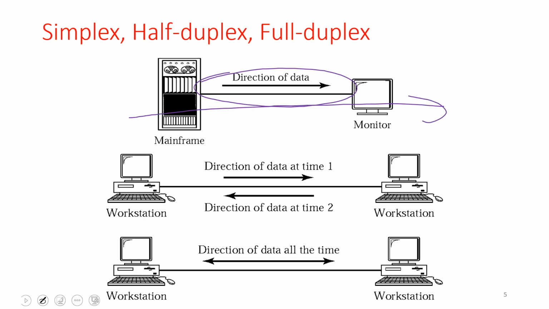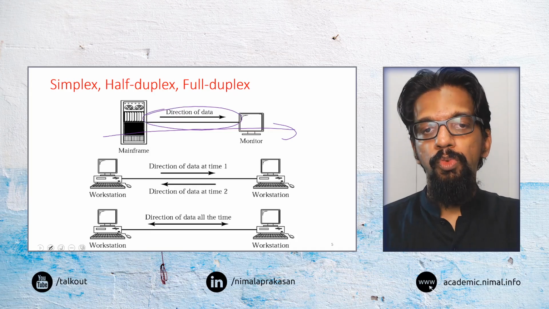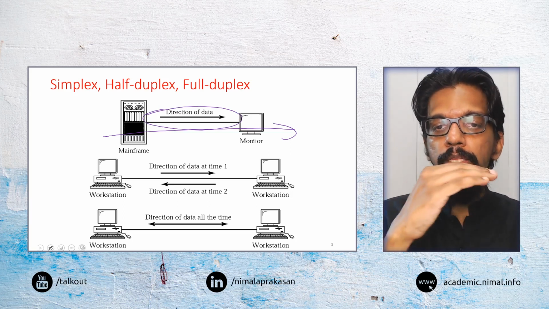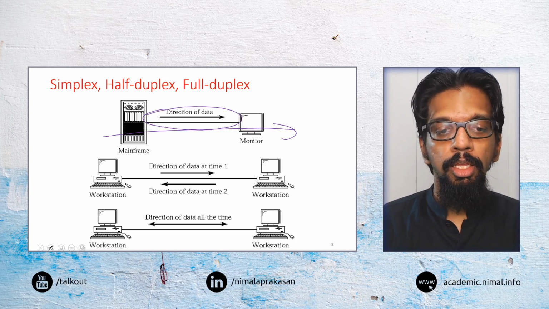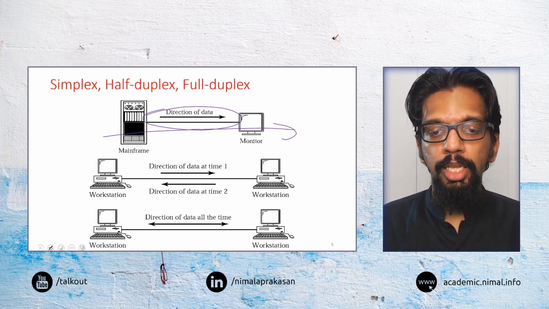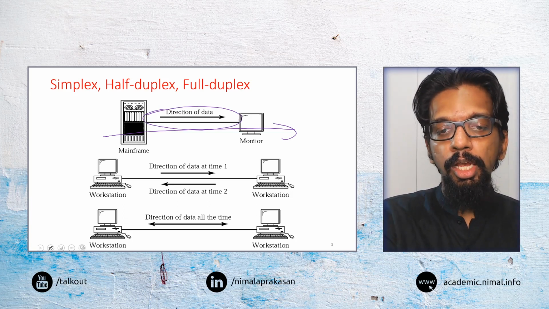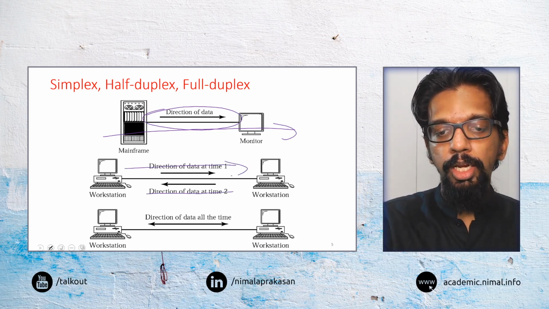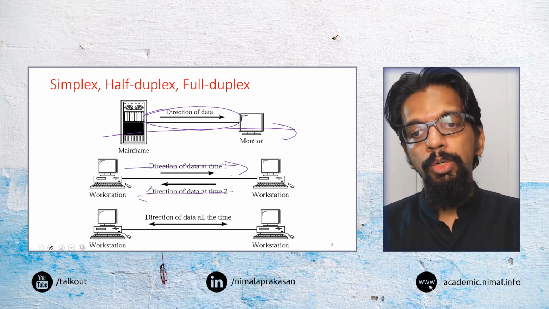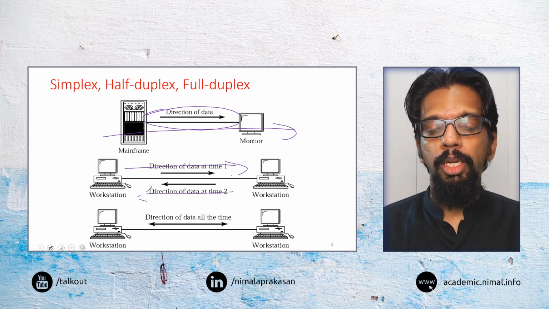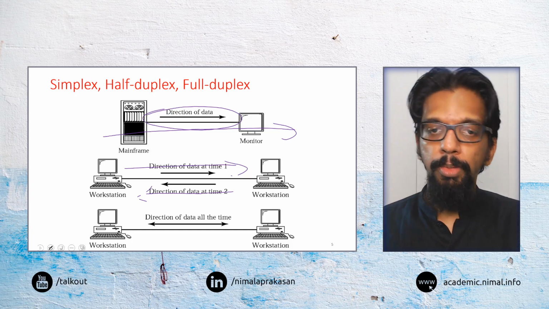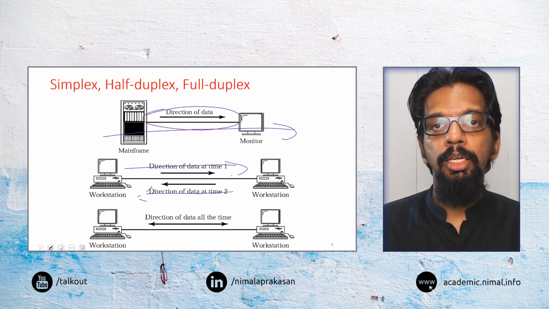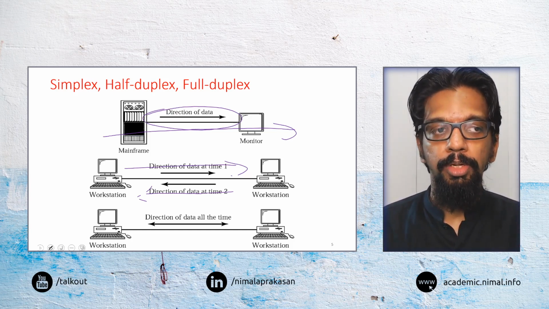So things can go from one to the other, but the other direction will not be allowed. Then a half duplex connection is where data can flow in both directions, but only in one direction at a particular point in time. So this can send in this direction, and after that maybe this can send in this direction, but not both at the same time.